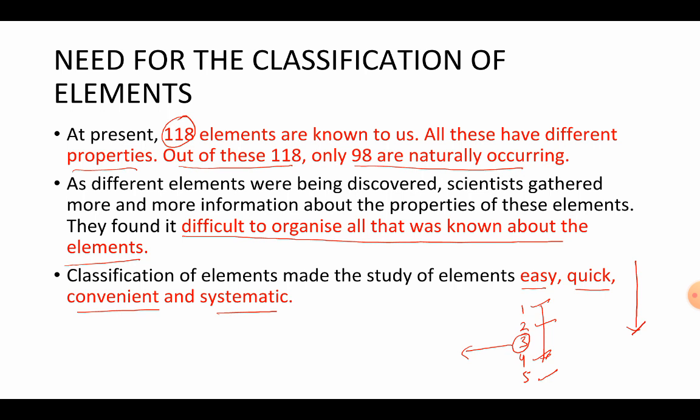So this is from today's topic: what is the need of classification. Classification means to make groups of elements based on similarities and dissimilarities, which has made the study easy, quick, convenient and systematic. Tomorrow we will be doing the attempts at the classification of elements.